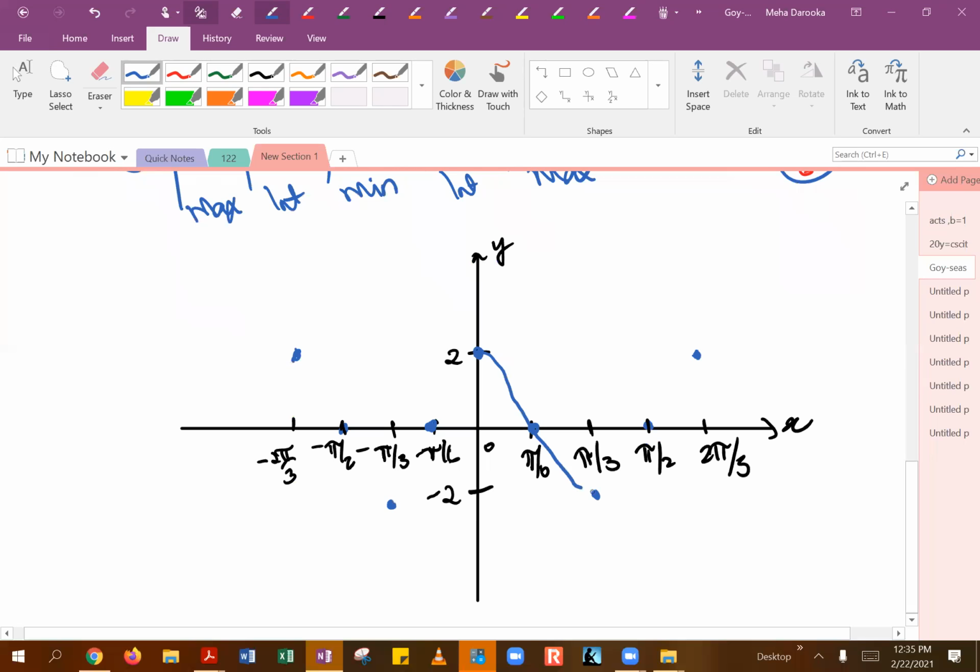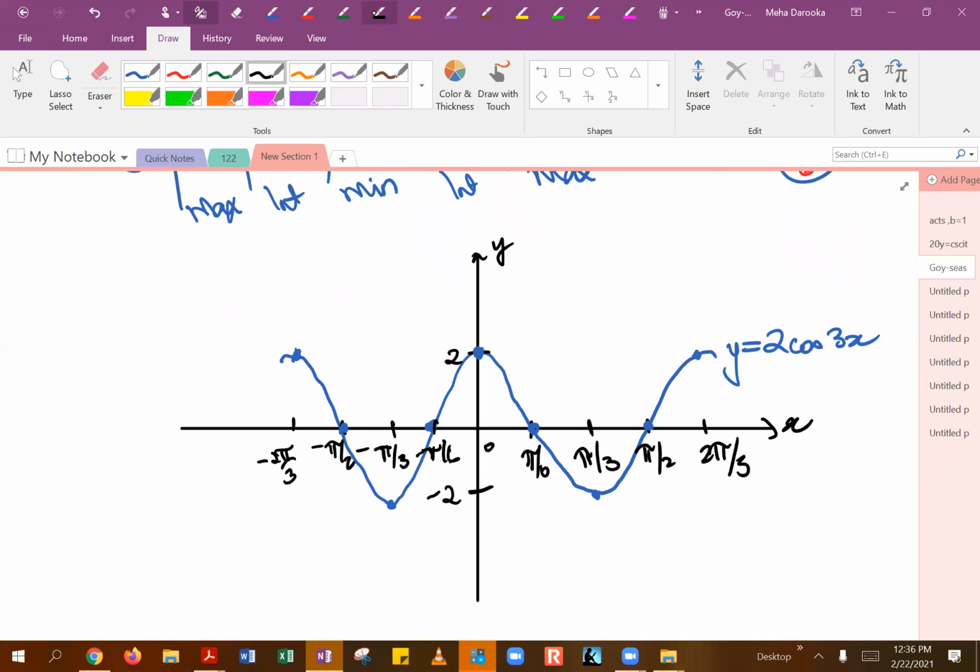So this is what our cosine function will end up looking like. And again, just a quick rough sketch. So this is y equals 2 times cosine of 3x.